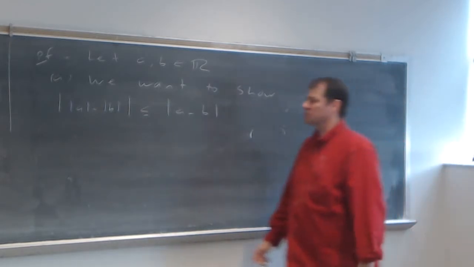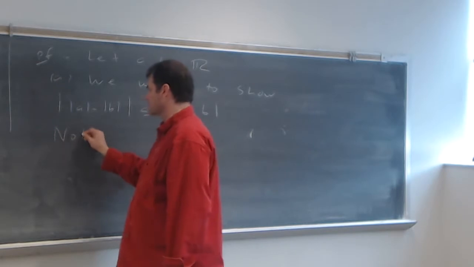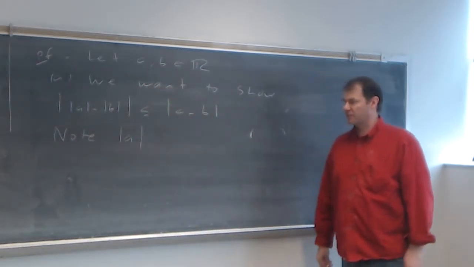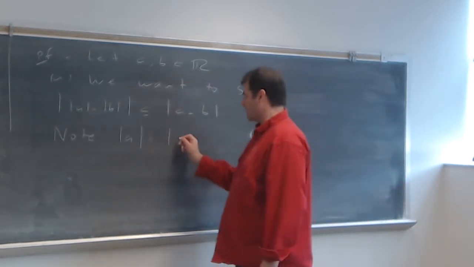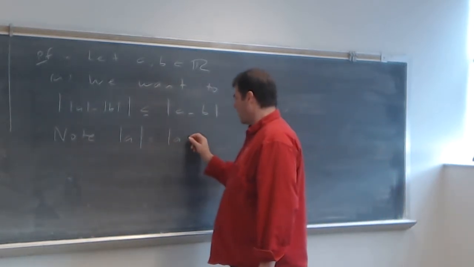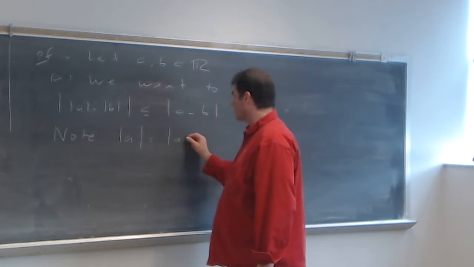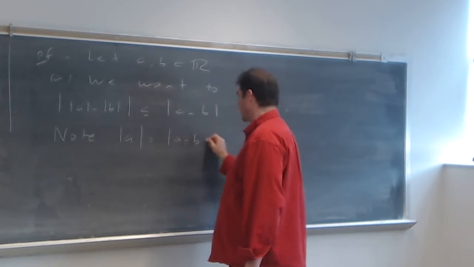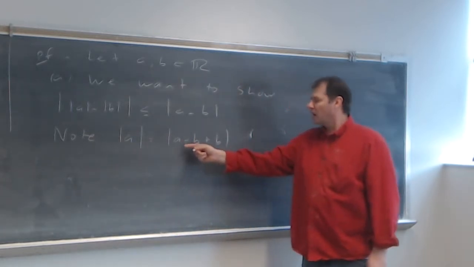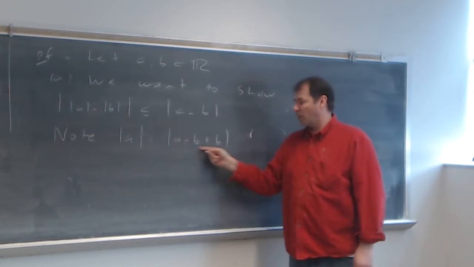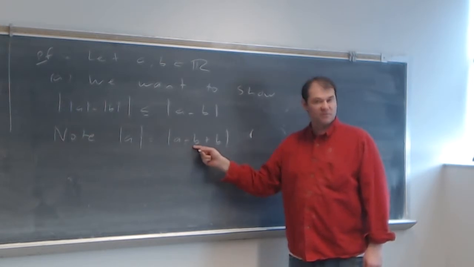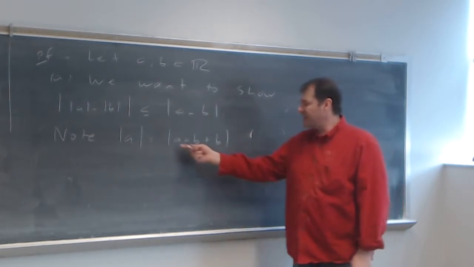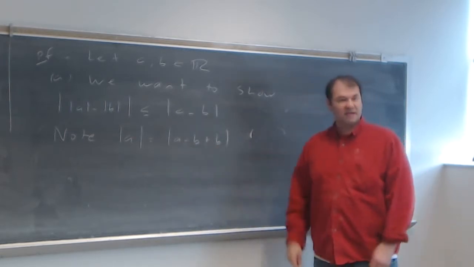Okay, well here's the way I'm going to start this proof. Note, if you just take the absolute value of A, this quantity in itself, that's the same thing as the absolute value of A minus B plus B. So really, I'm adding a 0 right here, and the form of 0 that I'm adding is minus B plus B. I could think of A minus B as one number, and B as the second number.